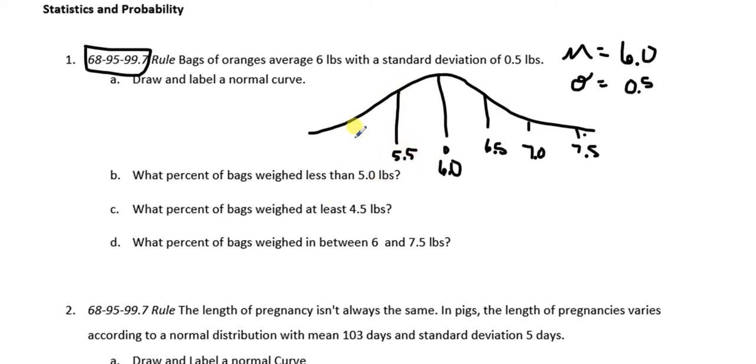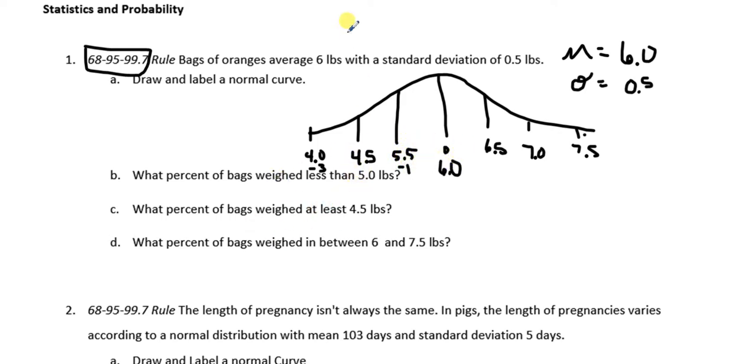I should have gone on the low side, because I can see from this problem we want 4.5 and 5. So 4 would be 3 standard deviations, I'd be at a -3. -2 would be 4.5. 5.5 is at -1. And 0 is our mean.